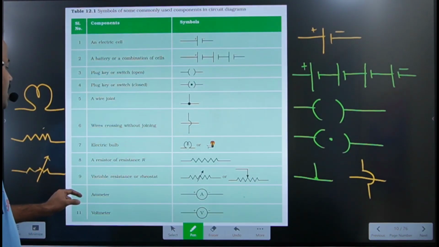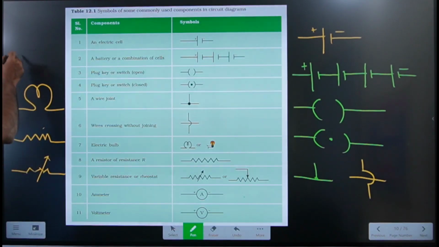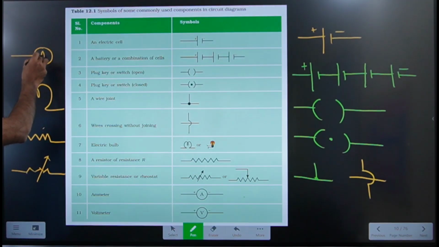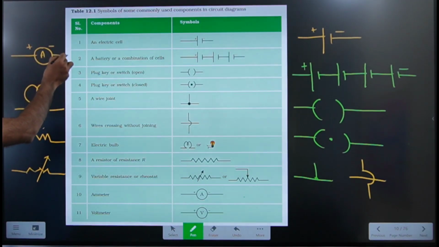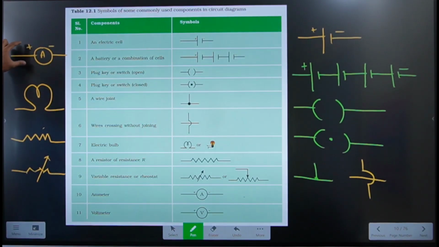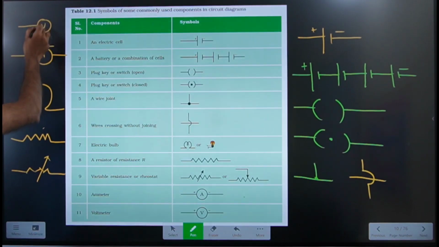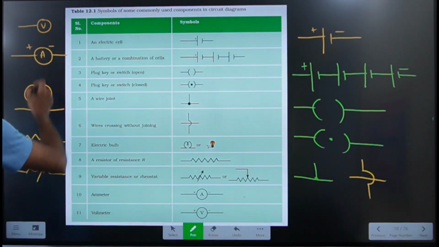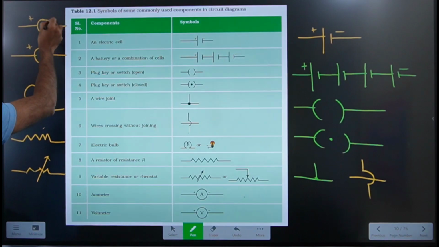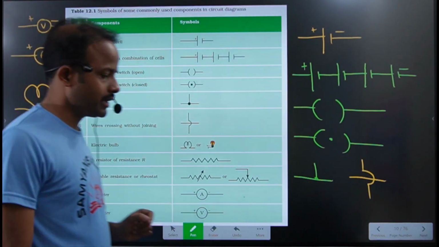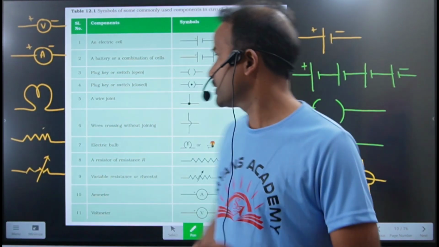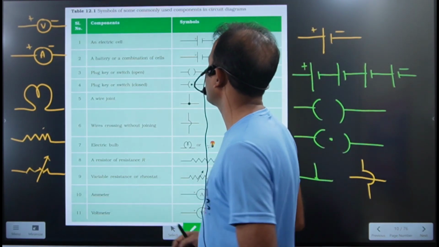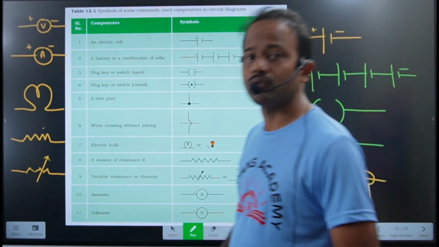And the ammeter: its symbol is A with a plus and a minus. The voltmeter we indicate with the letter V, with a plus and a minus. These are the symbols of some commonly used components in circuit diagrams.